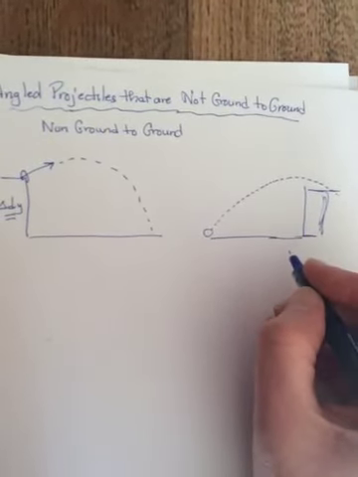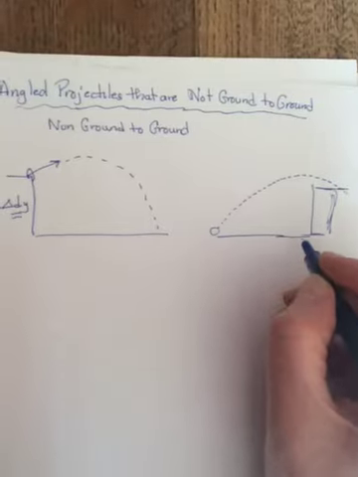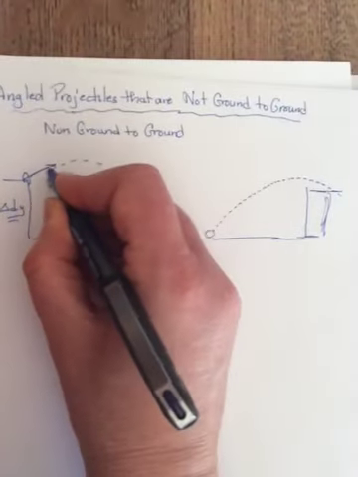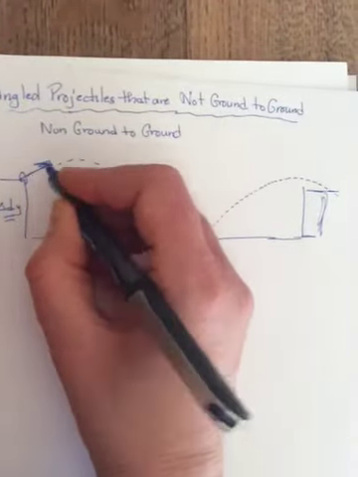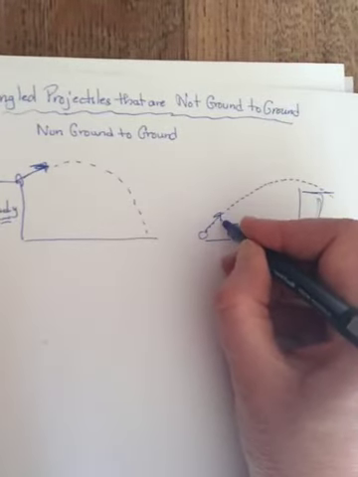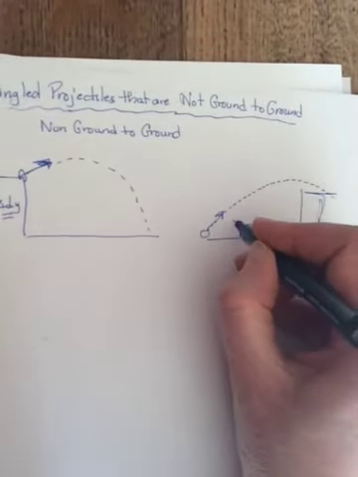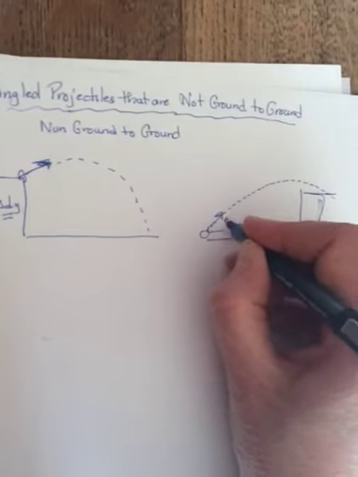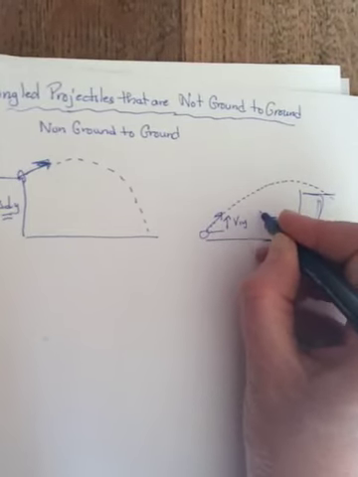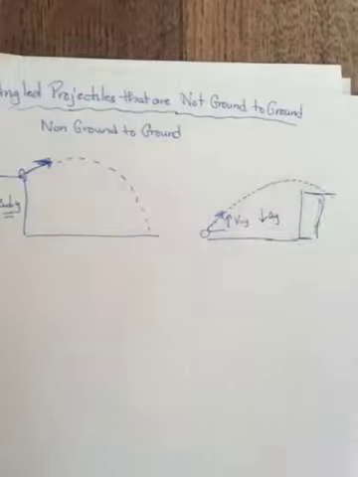So the delta dy is no longer 0. Just like in the ground-to-ground ones, the VI will be going up and the AY will be going down, and so again, we're going to have to worry about positive and negative.